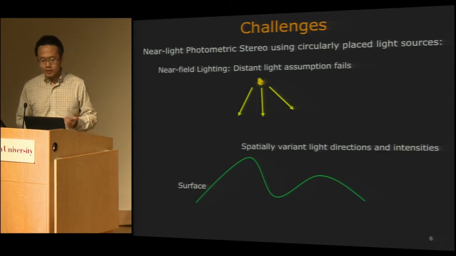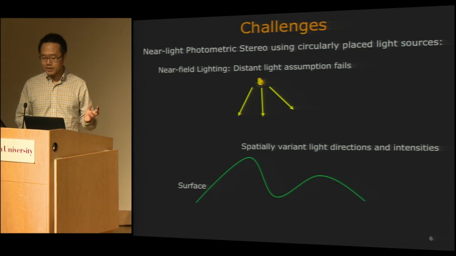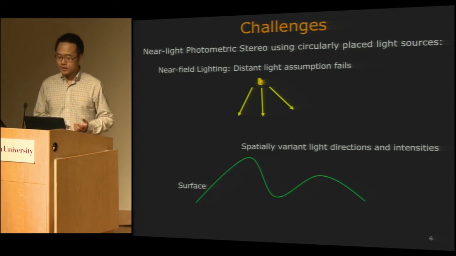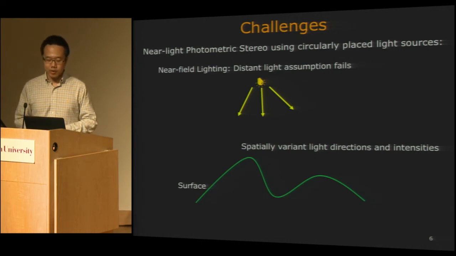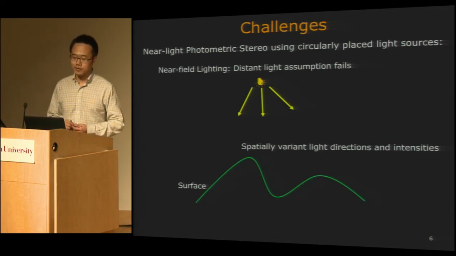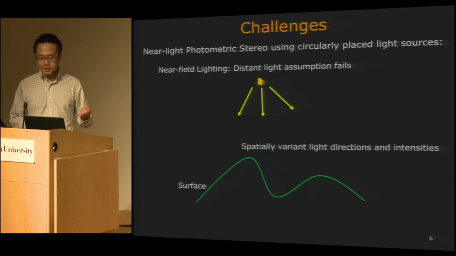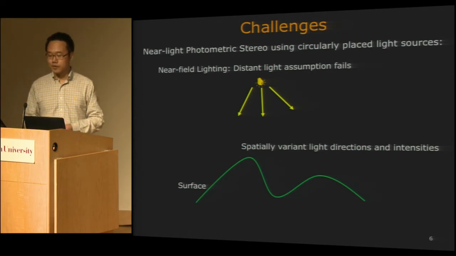However, for a point light source, this is not the case. The radiance coming from the light source falls off with the distance between the light source position and the illuminated scene point, so the incoming lighting direction is spatially variant. Also, because the light directions are not parallel to each other, the incoming light direction changes for scene points at different 3D locations.